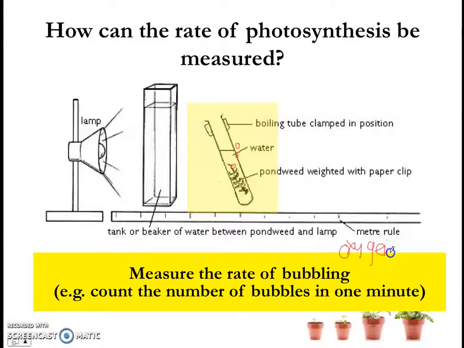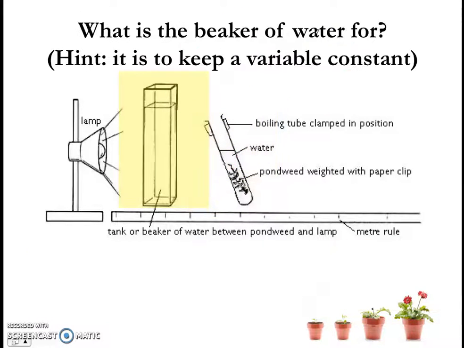Because oxygen is produced in photosynthesis. So we can measure the rate of bubbling to measure the rate of photosynthesis. So the slower the bubbles are being produced, the slower the rate of photosynthesis. But if we see many bubbles being produced very fast at a high rate, then the rate of photosynthesis is very high.